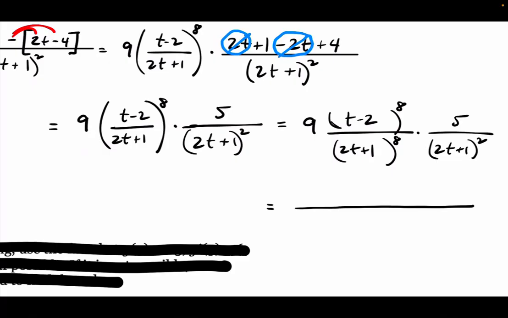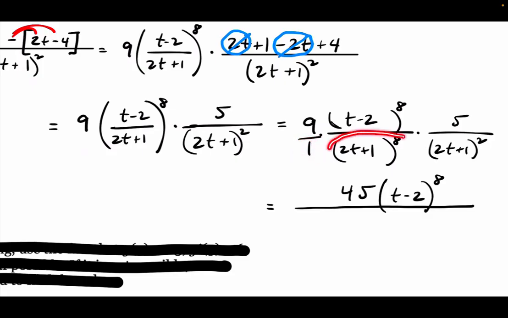Now I'm going to multiply straight across. When you're multiplying fractions, because it's really 9 times a fraction, right? When you're multiplying straight across, you just multiply. So I'm going to multiply 9 times 5, since they're both in the numerator. 45. I get 45. And then I get t minus 2 to the 8th power. The bottom, I have 1, you don't need to write that.